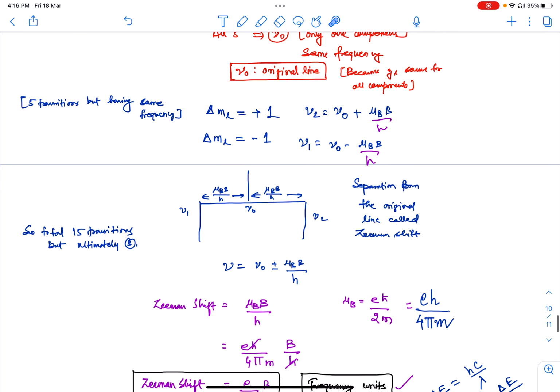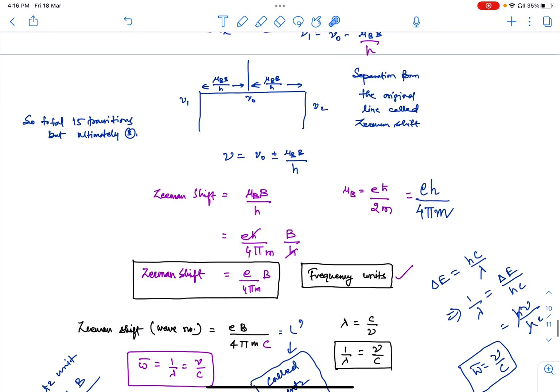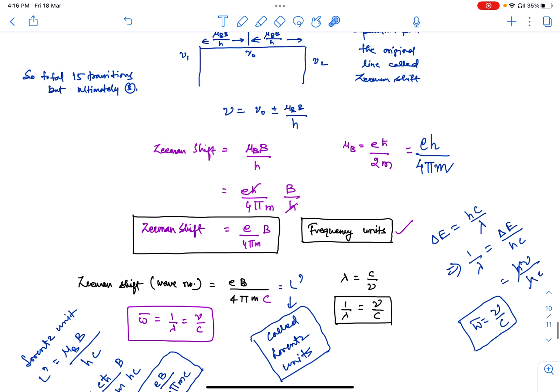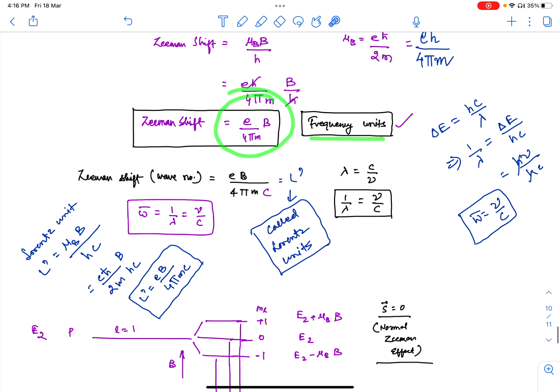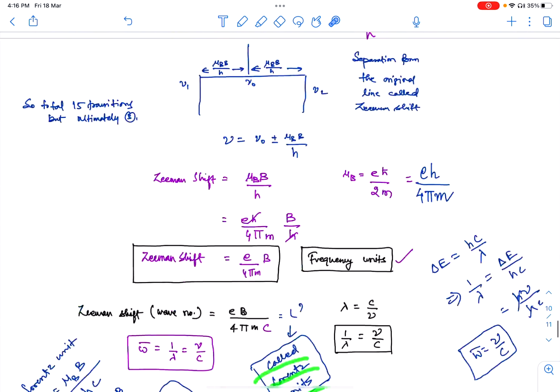So you can make this diagram: mu_B B by h, mu_B, eB by 4 pi m. We have already done all this. eB by 4 pi m is called the Zeeman shift. This is in frequency units, and when you divide by c, to get it in wave number, this is called Lorentz units. Okay, this is it. Thank you very much.